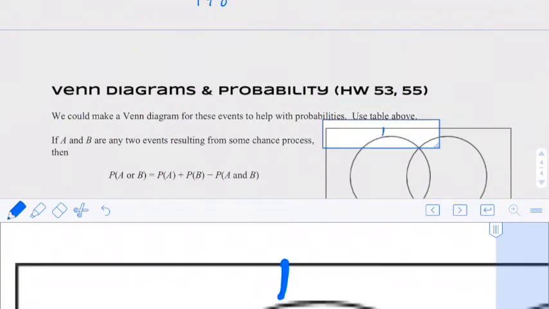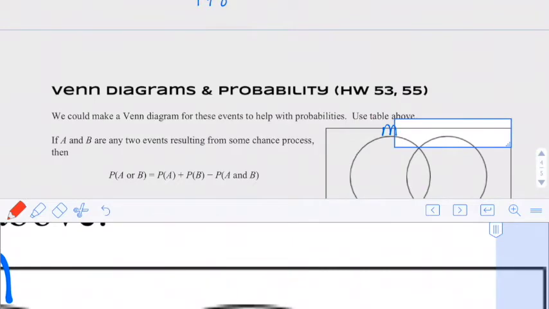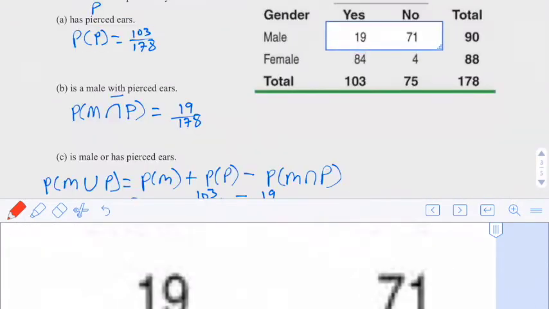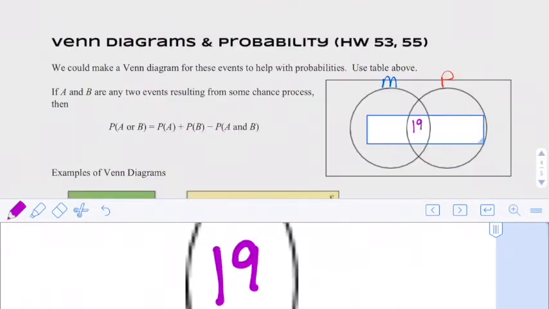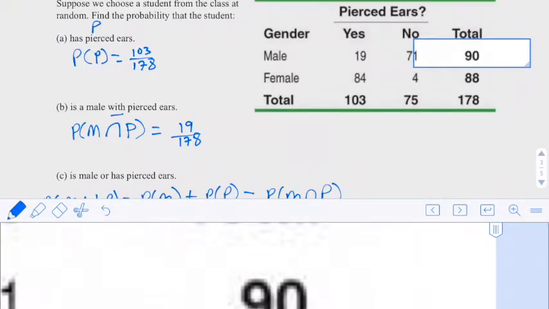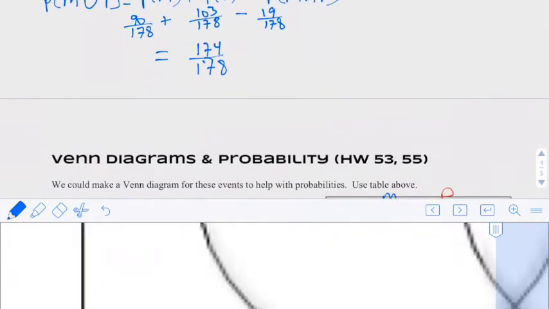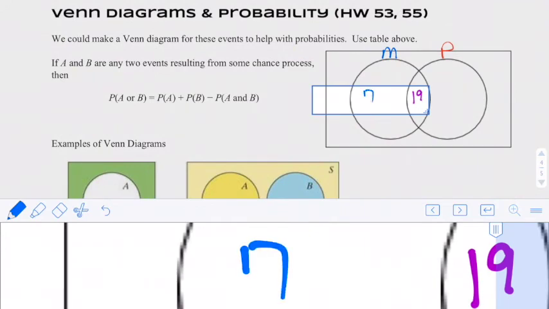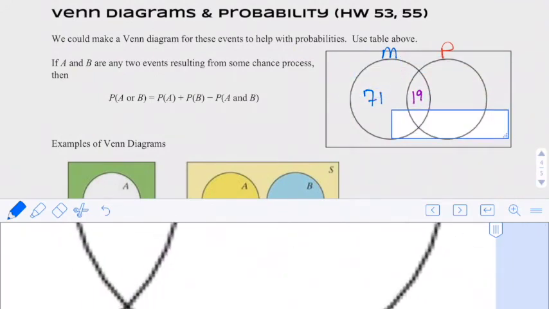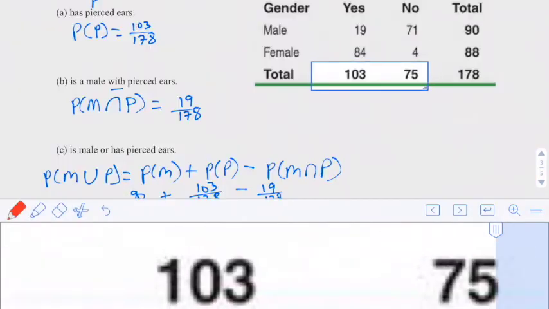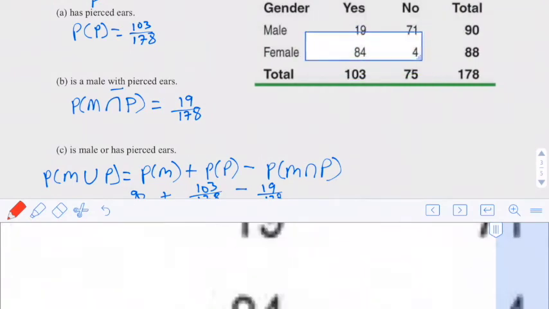So if we have the probability that they're male and the probability that they have pierced ears, the probability that they're both is 19. The total number of males is 90, but if we take those 19 away, we have 71. So this is 71 males that do not have pierced ears because it's not in that circle. But then we want to know the number who have pierced ears who are not male. There are 103 people that have pierced ears, but 84 of them are not male.